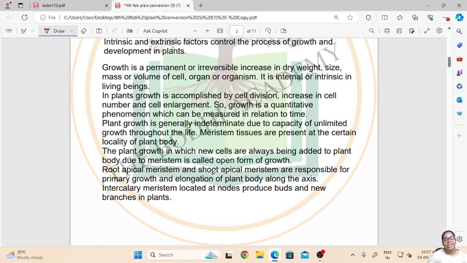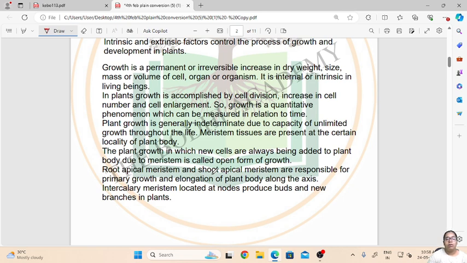This division of cells increases the cell number, and by increasing the cell number the tissues are formed, and this will help in the cell enlargement, which helps in the enlargement of the tissues, and overall the tissues will form various parts of the plant, which will help in life processes which take place in the plant.